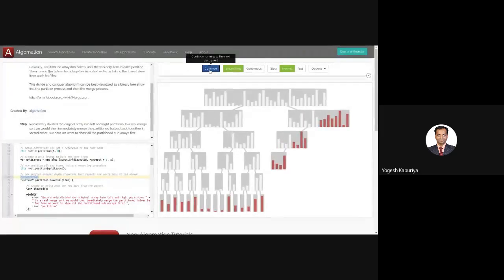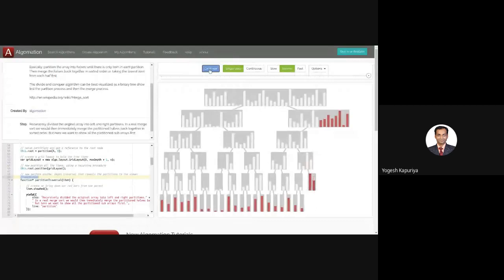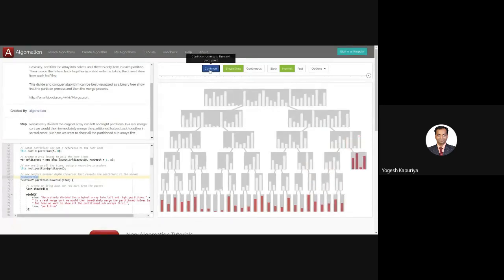Again left, left, left, then right, left, right, left, left, right, left, right. Like this, it will keep on dividing the numbers till it reaches a state where each number is an individual element.